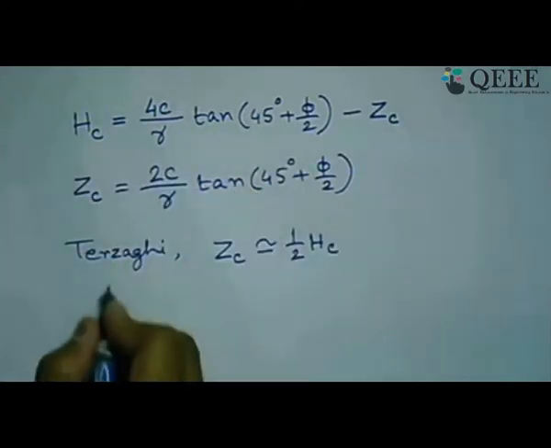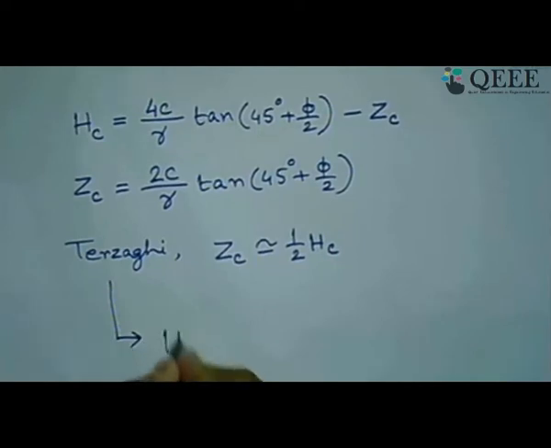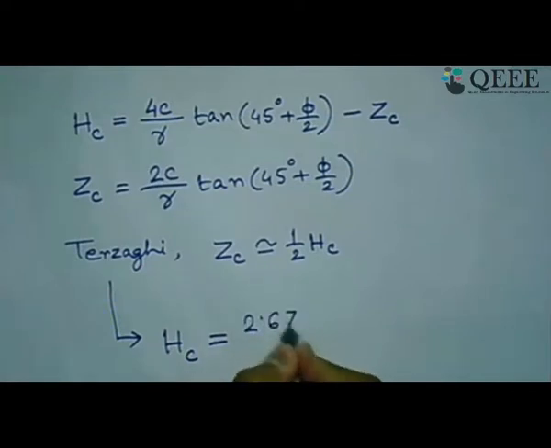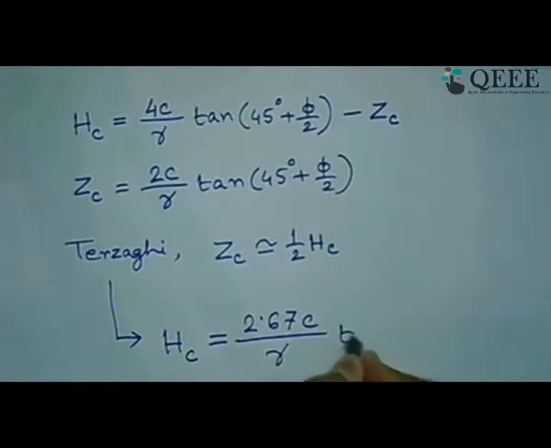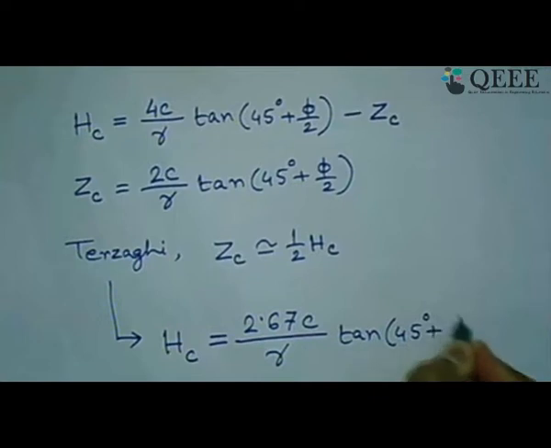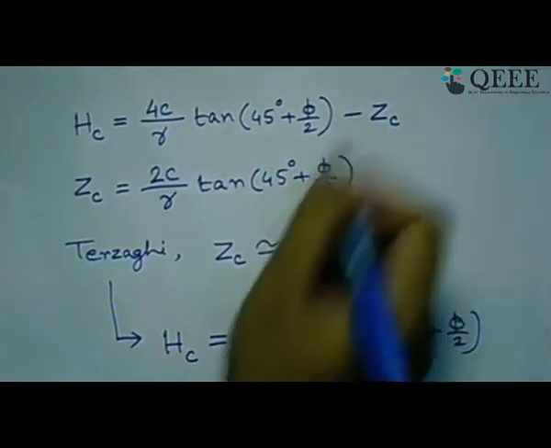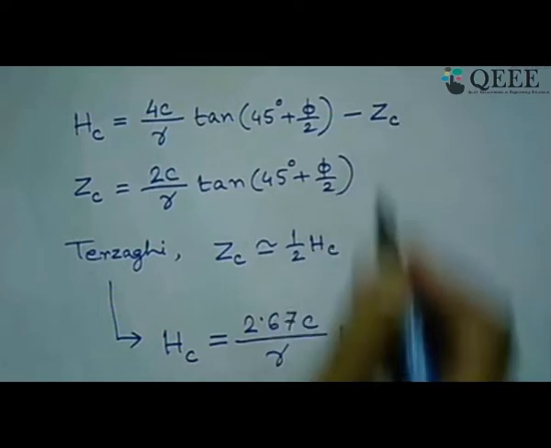Finally, as per Terzaghi's theory, the critical height of vertical cut can be estimated as 2.67 C by gamma tan of (45 degrees plus phi by 2). We can see that directly by putting ZC as half of HC.